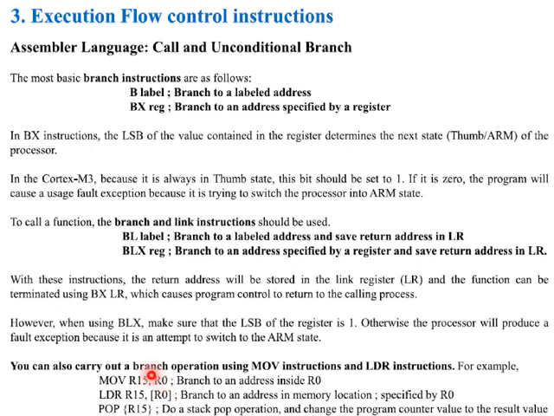Here, R0 content is loaded or copied into R15. Then we load the content of the memory location specified by R0 into R15, correct? So that can be popped. It is like a push instruction, and it is like a pop instruction.